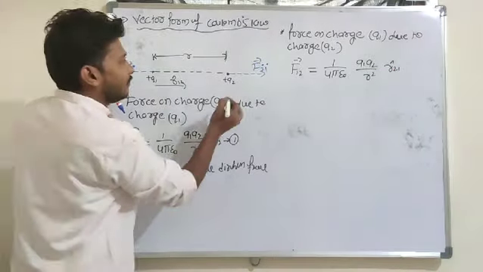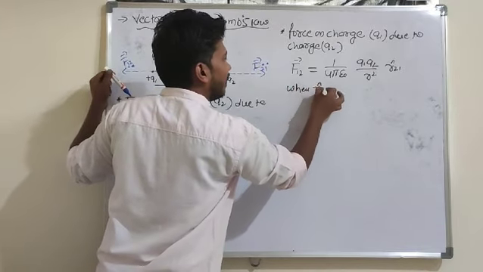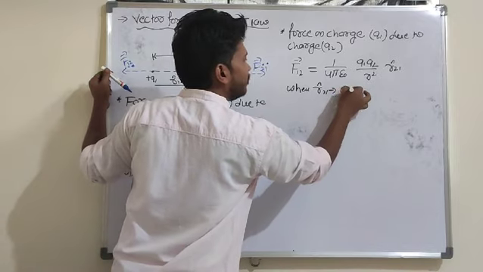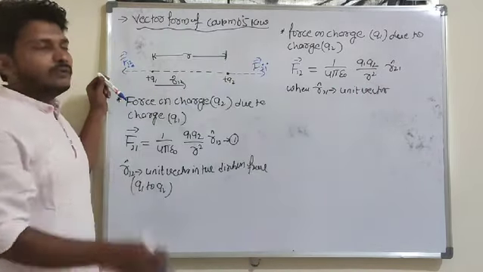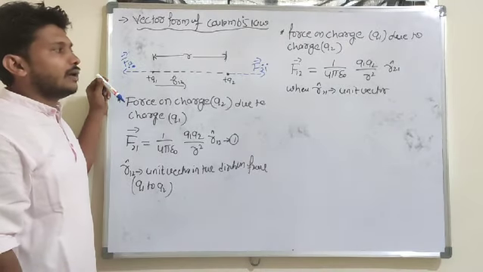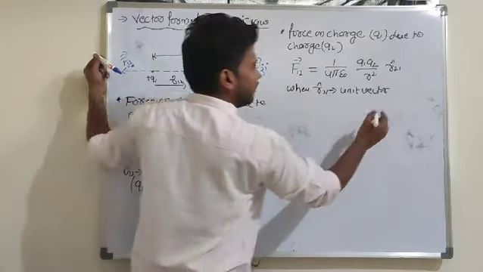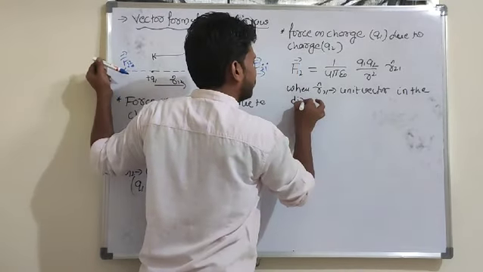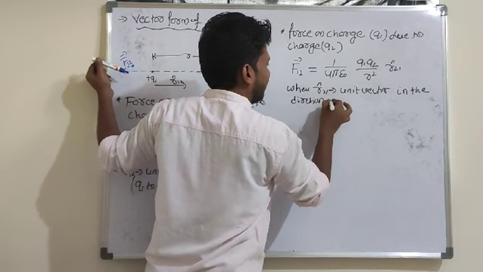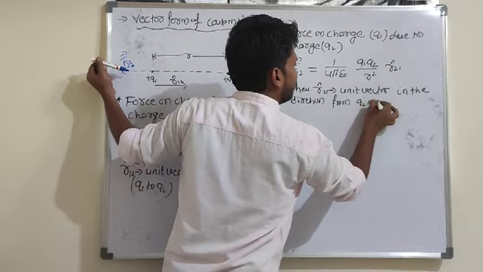Where r cap of 21 is a unit vector here. In the first PU you learned the unit vector concept. So r cap of 21 is nothing but a unit vector in the direction from q2 to q1.